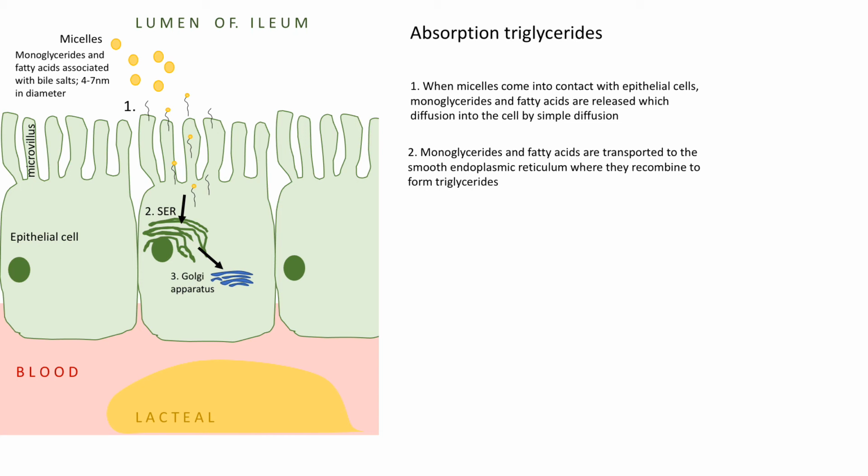That's where those triglycerides combine with cholesterol, phospholipids, and a specific type of protein called an apolipoprotein. What they form are these spherical particles called chylomicrons. The job of those chylomicrons is to transport lipids from the diet to the tissues of the body. That's step 3.